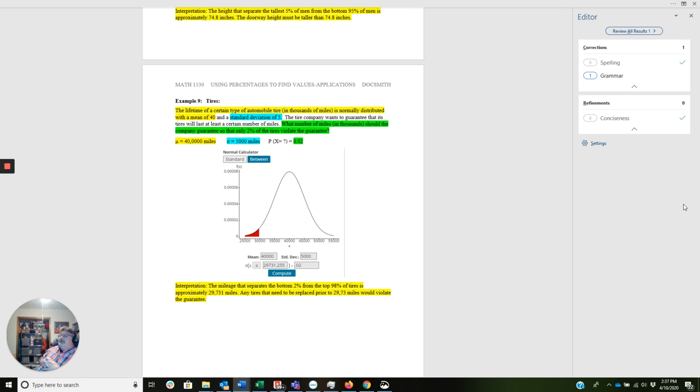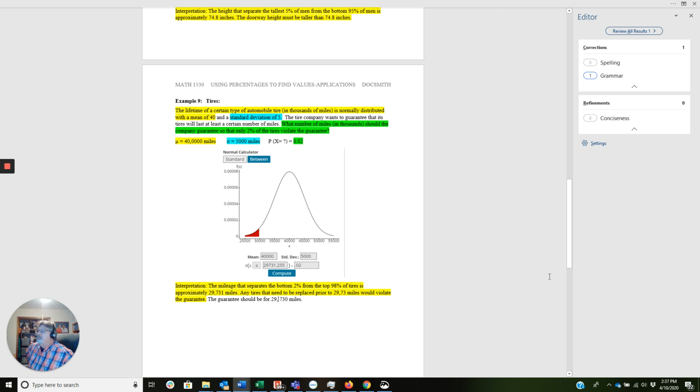I probably need to rewrite my interpretation here because what they want us to say is the guarantee should be for 29,730 miles.